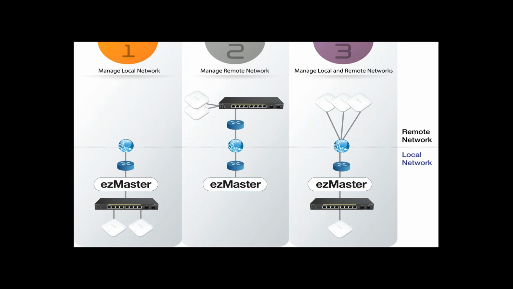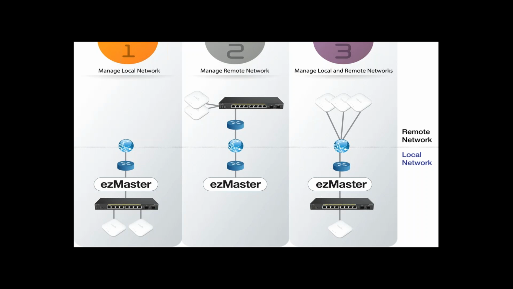So this slide is showing you, in column number 1, I have ezMaster somewhere in my network locally, and I work together with my switch, managing my access points locally. Column 2 is my ezMaster in my home network or office network, and I go on the internet to another network and I manage access points on the remote network through an ezMaster, through a Neutron switch.